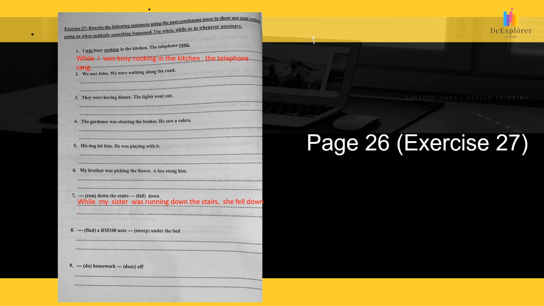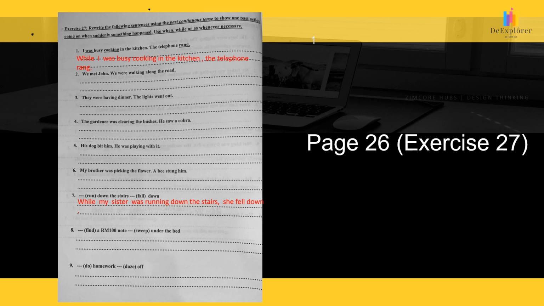And the word fall, you need to use a past tense. Fell. F-E-L-L. Okay, write first. 写上面先，然后才知道那个是正在 was were running. 这个是突然间发生的是 past tense.